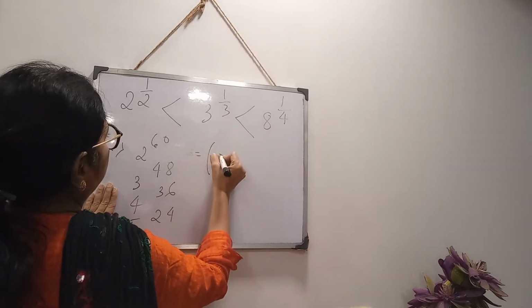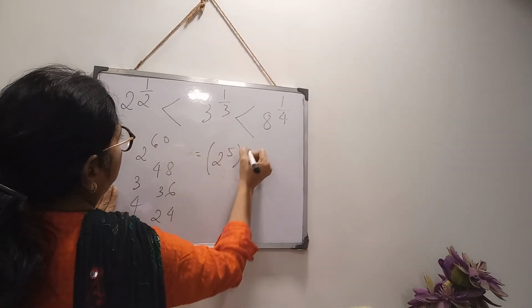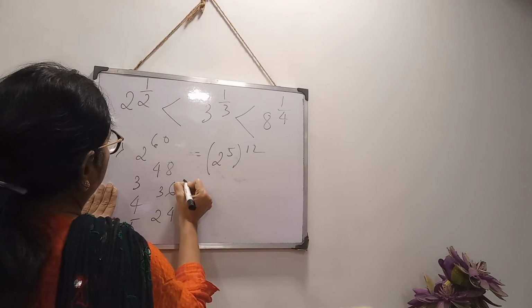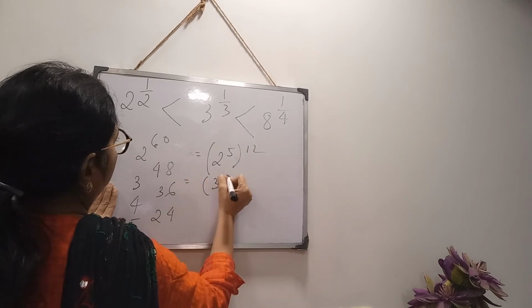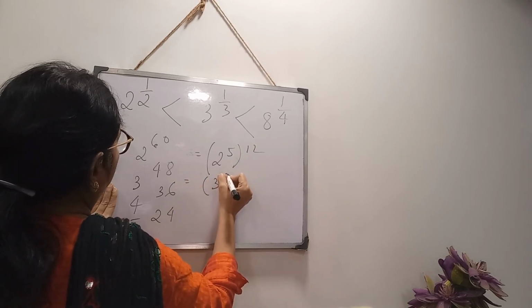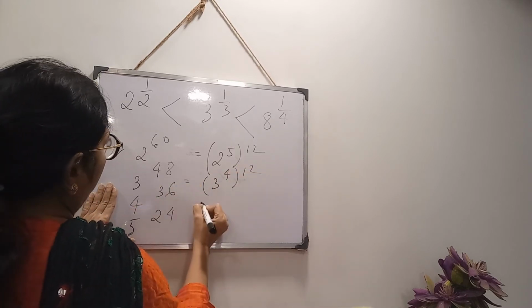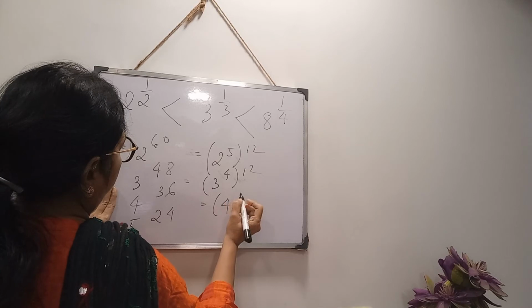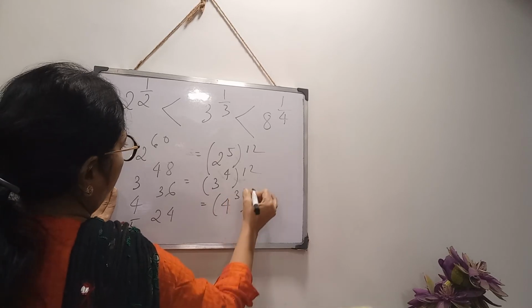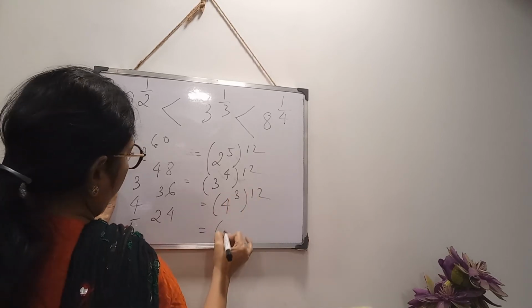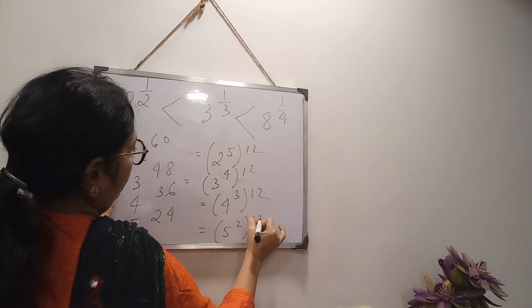So we can write it in this form: 2 to the power 5 into 12, 3 to the power 4 into 12, 48. Then 4 cube 12 and 5 square 12.